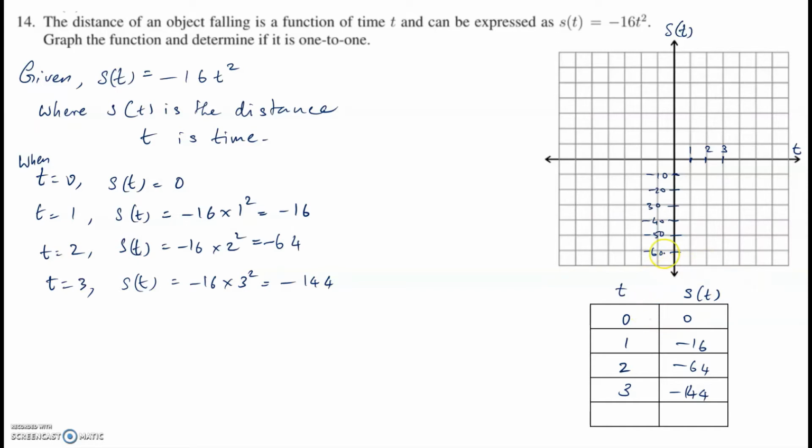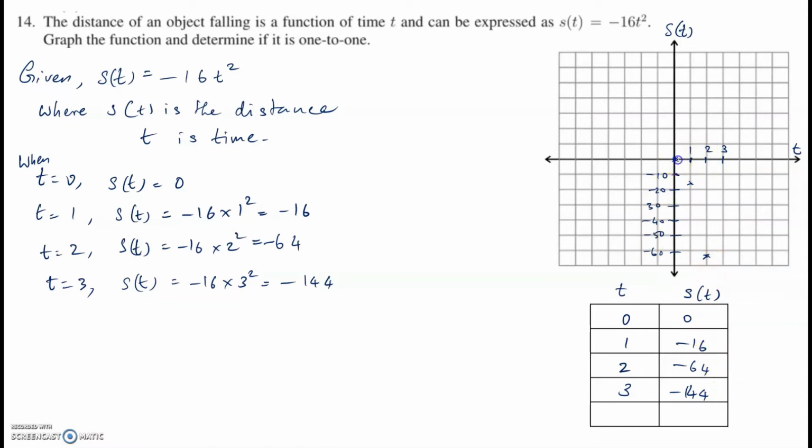So just from these values we can plot. It's 0, 0 here, that's 1. Then when it's 1, it's minus 16, so it's somewhere here. And when it's 2, it's minus 64. It's somewhere here. So then the other point is going to be somewhere all the way down.